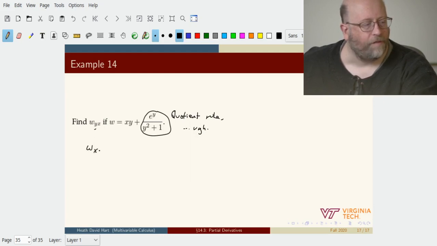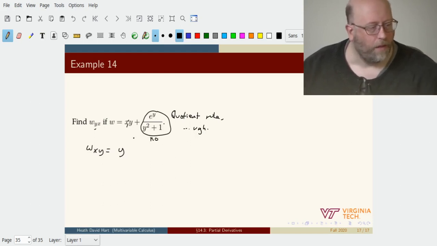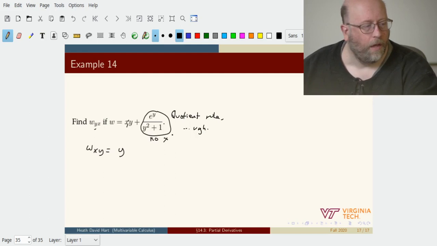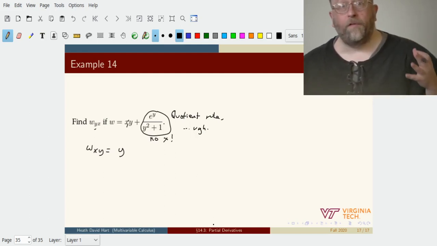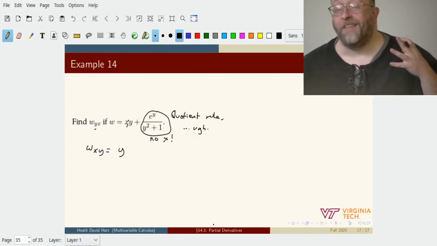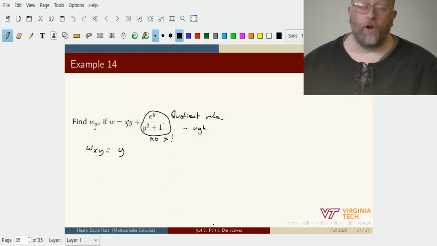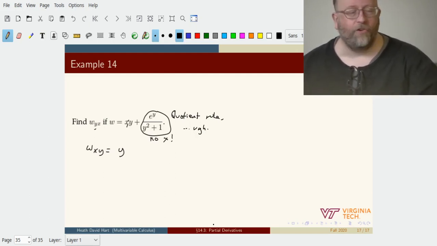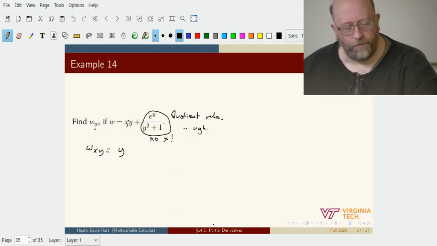But if I do x first, well, the derivative with respect to x of xy, x becomes 1 and y stays the same, so we get 1y. And now there is no x here. The derivative of any function with respect to x that has no x in it is 0. So that whole function goes away and I don't have to use the quotient rule.